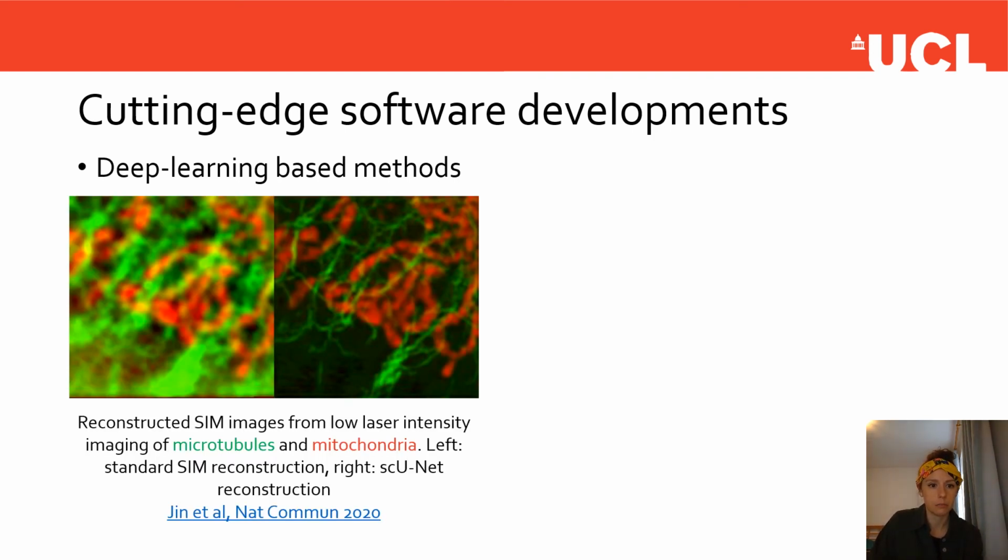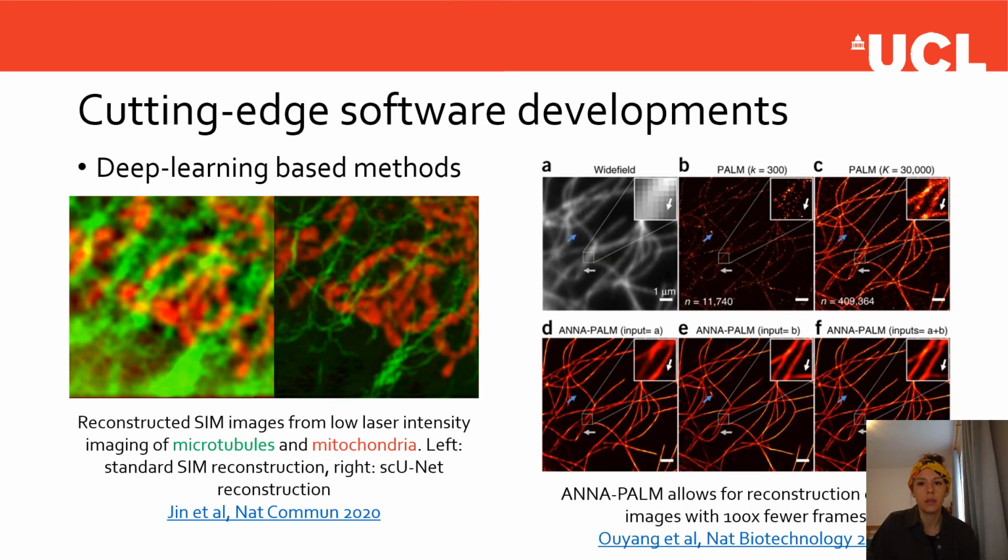So here's an example of a neural network based technique that uses a neural network to reconstruct SIM data. So this is data that was reconstructed with a standard SIM reconstruction and the same data that went through this SCUNet reconstruction. So it looks pretty good. Looks like you've got much more resolution there.